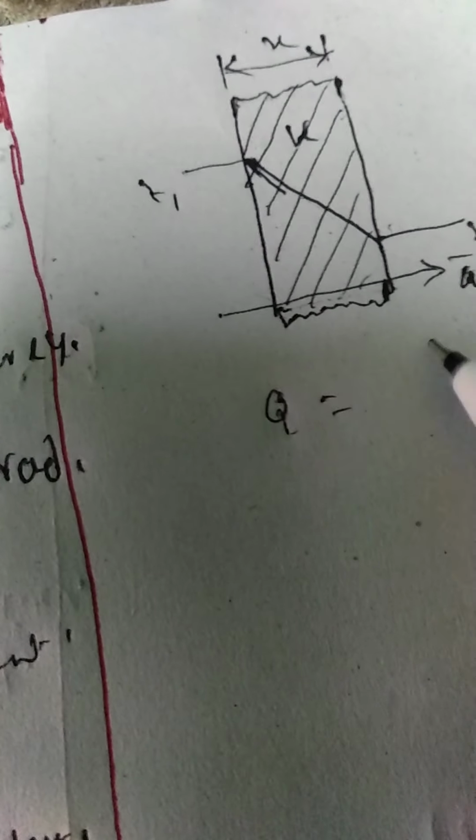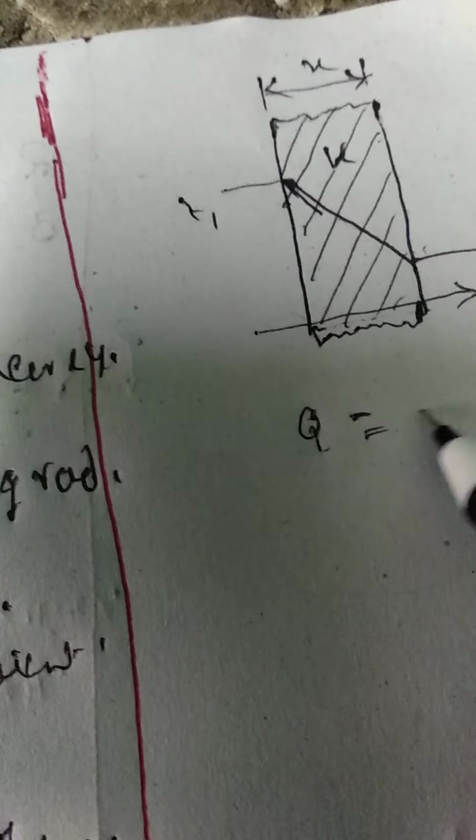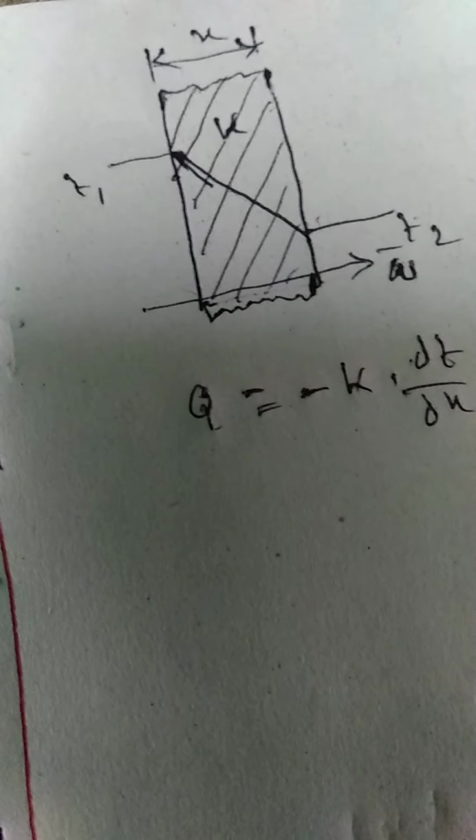Q is equal to minus K into dT by dx, where dT is final temperature minus initial temperature, by x. The unit will be watt per meter square. This is the unit for heat flux.